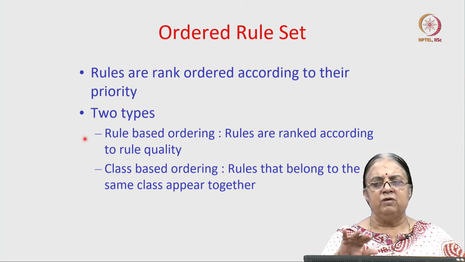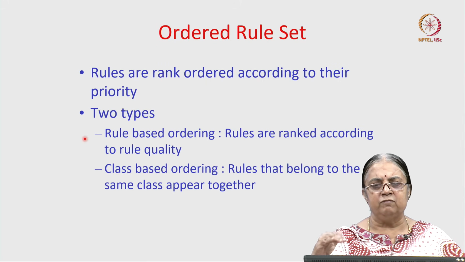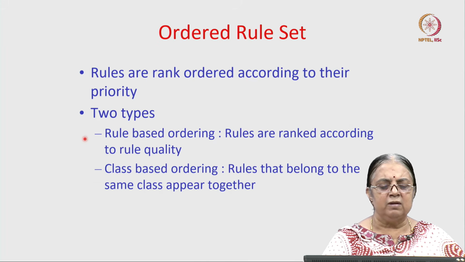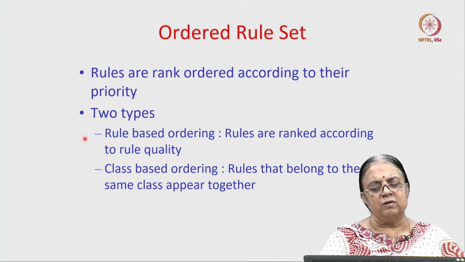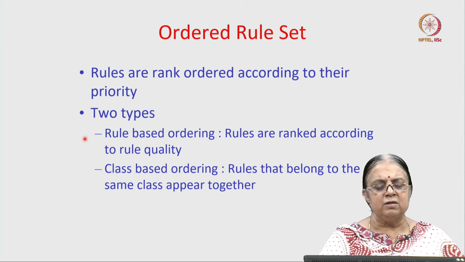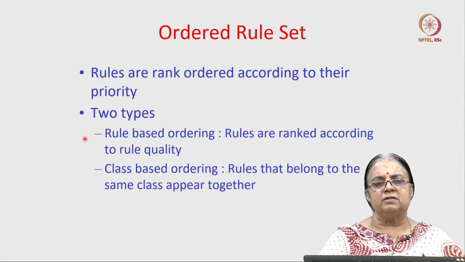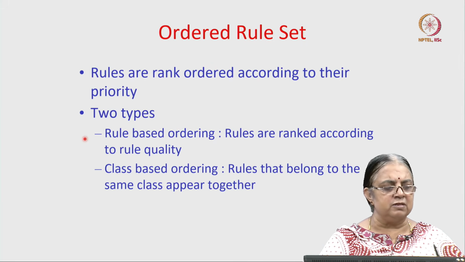So, if an instance gets fired by one rule at the beginning, then you do not go down further. The next type of ordering is class based ordering. Rules are ranked according to rule quality, or according to the class. In other words, you put all the rules belonging to one class together, then you go to the other class and put the rules belonging to that class, etc.